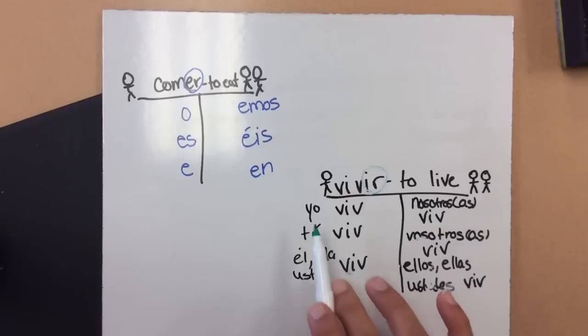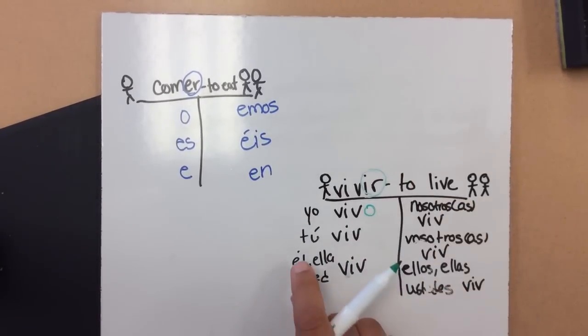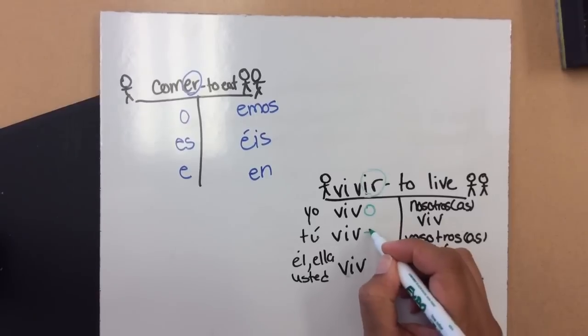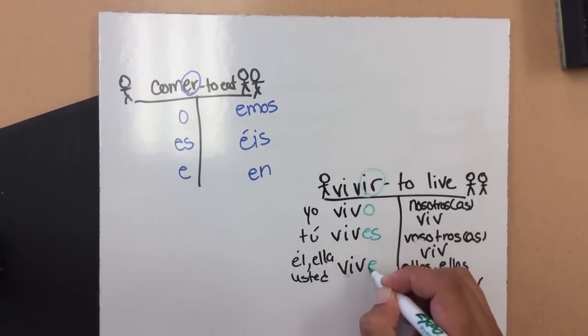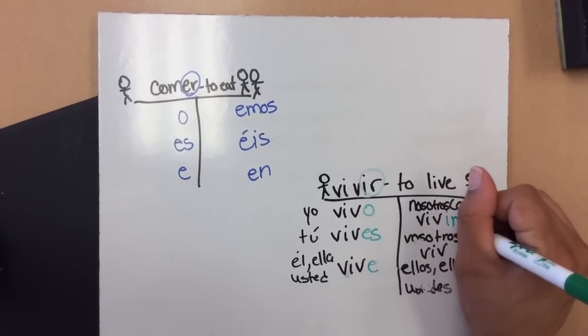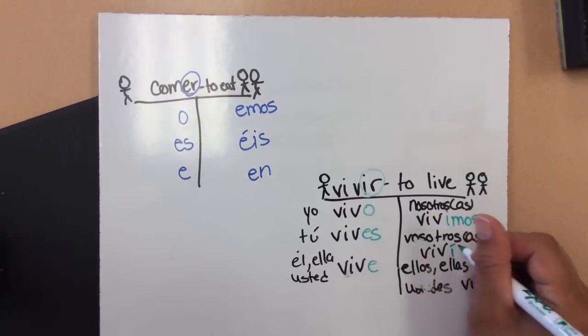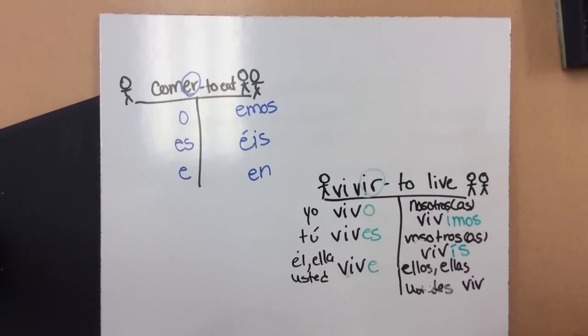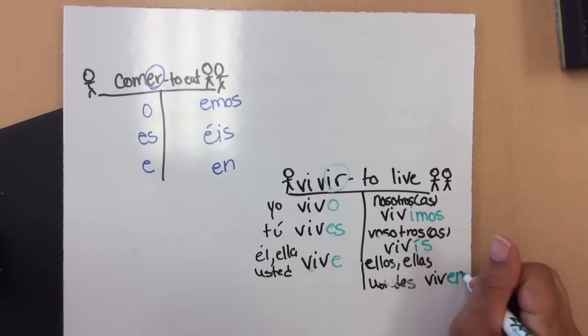Okay? So, for yo, the ending is o. For tú, the ending is s. For él, ella, usted, the ending is e. For nosotros, it's imos. For vosotros, it's ís, and there is an accent on that I. And for ellos, ellas, and ustedes, it's n.